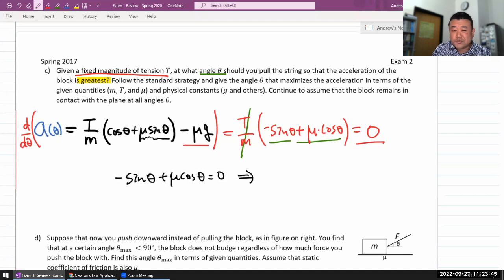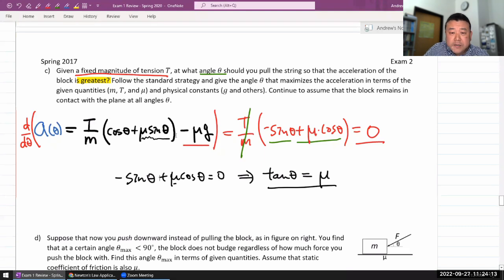Which means, doing the algebra in my head, tangent theta is equal to mu. So I move the sine over, divide by cosine, that's tangent theta, equal to mu that was left over. Hopefully that's okay. If that's confusing you, pause the video, do the algebra by hand on paper, and make sure you agree.